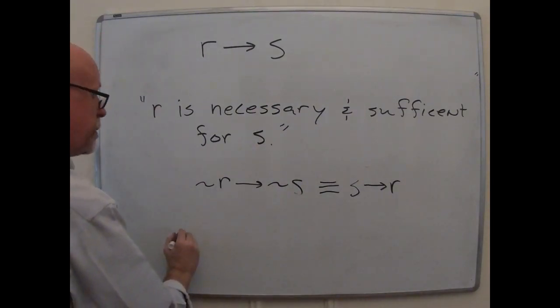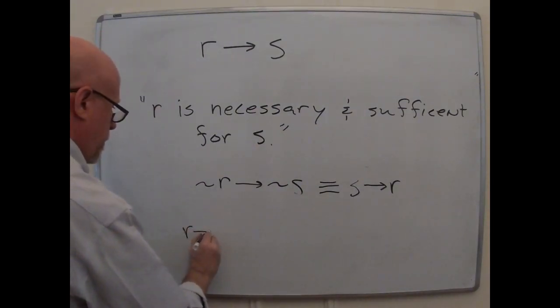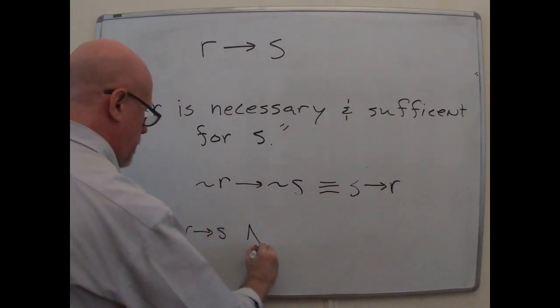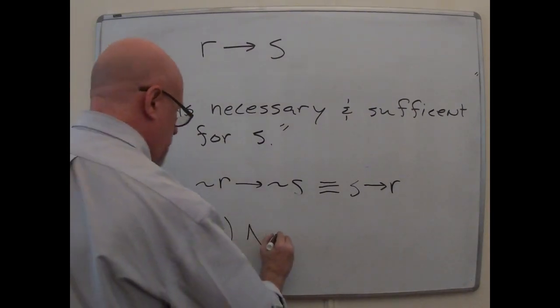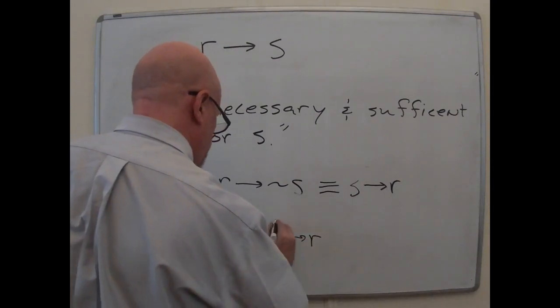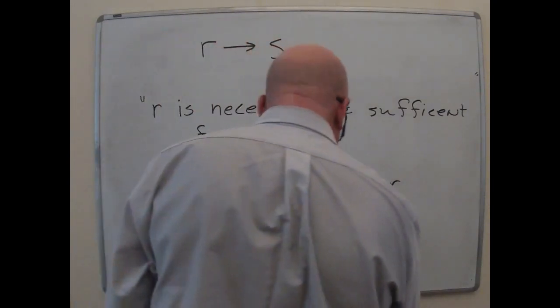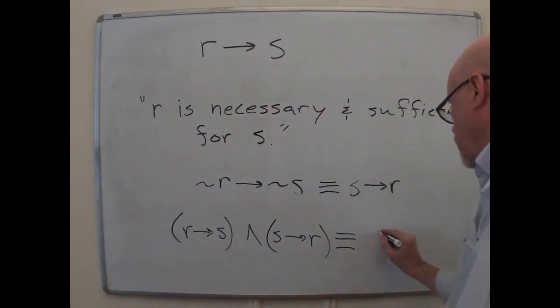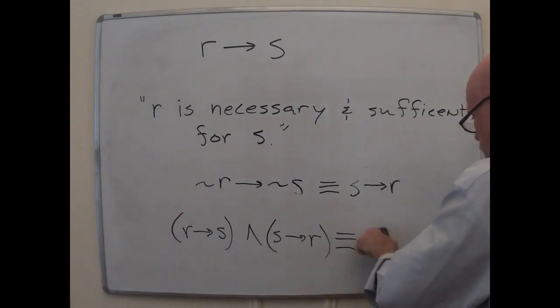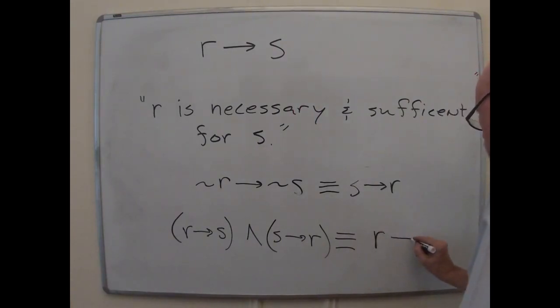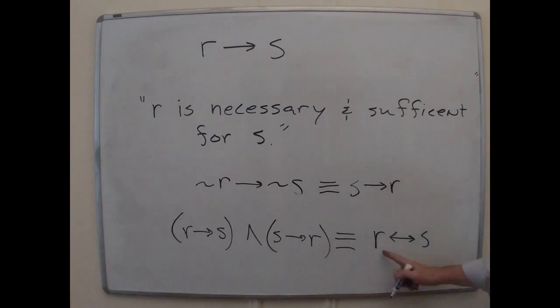So what this really means is R implies S and S implies R. And that, finally, is equivalent to the biconditional, R if and only if S. So when you hear the connection R if and only if S, you may sometimes hear it phrased as R is both necessary and sufficient for S.